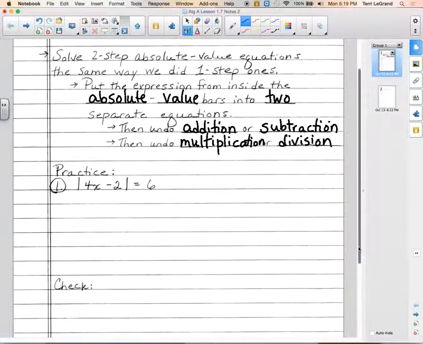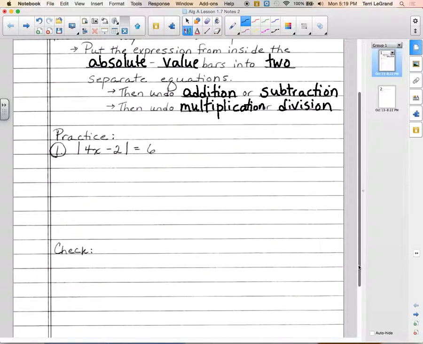So we will start with our first one here where it says the absolute value of 4x minus 2 is equal to 6. So just like we said yesterday, that means 4x minus 2 can be set equal to any number or numbers that have a distance of 6.